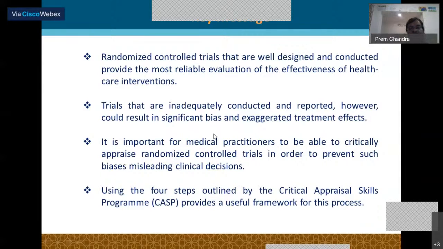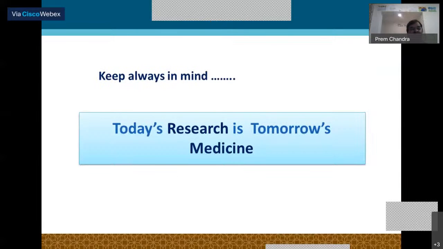It is important for medical practitioners to be able to critically appraise randomized controlled trials in order to prevent such biases, which play a very adverse role in misleading clinical decisions. Using the 4 steps outlined in the critical appraisal checklist today might provide a very useful framework for this process. And always keep in mind that today's research is tomorrow's medicine.